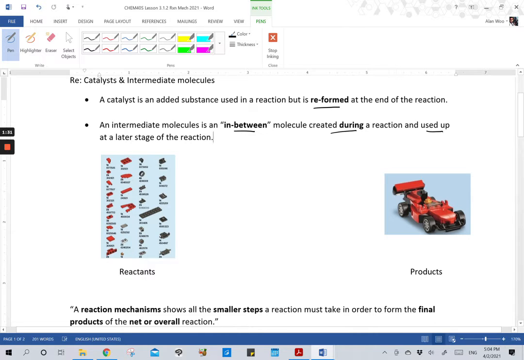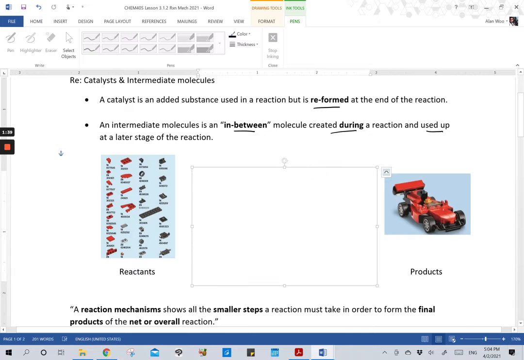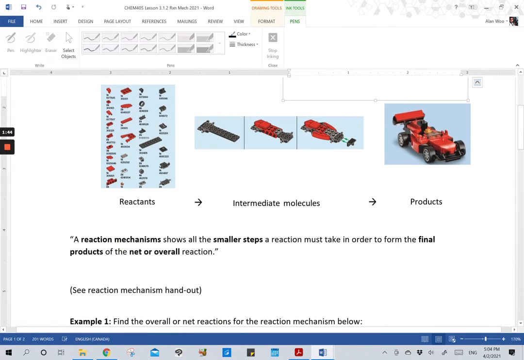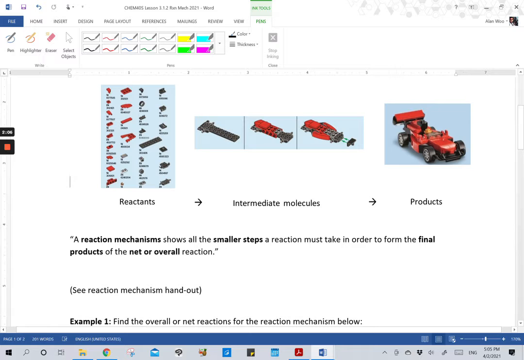But in an actual reaction mechanism, we show that there are intermediate molecules that also exist. These are your in-between steps. Your reactants, or your Lego pieces, and the intermediate molecules, there could be more than one of them, are all the little in-between steps that help to form your finished version, the final product. In this case, it's a nice, pretty cool looking race car.